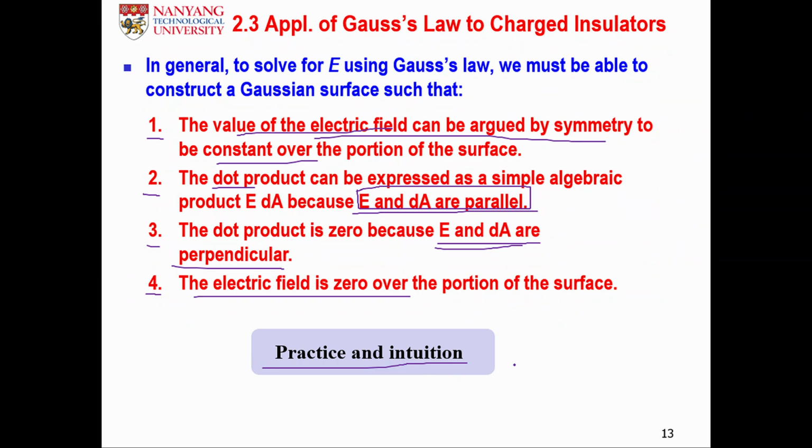But this being said, we are not going to ask you to construct a very complicated Gaussian surface. All the examples we are going to discuss during the lecture and the tutorial pretty much are the requirement you need to be able to handle.